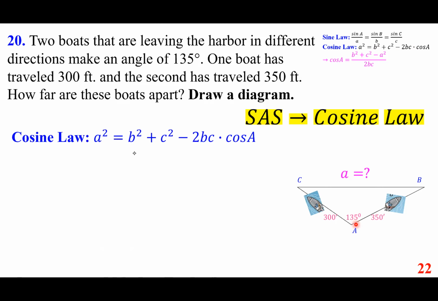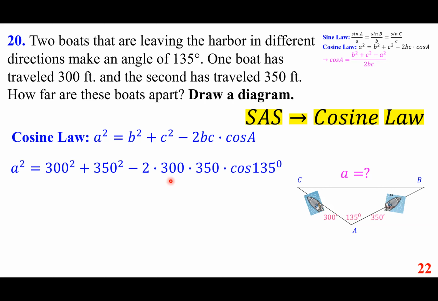And so A squared is, just look at these two sides. One of them is 300 squared plus one of them is 350 squared minus 2 times the product of the two times cosine of whatever this angle is. It's 135 degrees. So 300 squared plus 350 squared minus 2 times 300 times 350 times cosine of 135, which, simply put, is a calculator, of course.